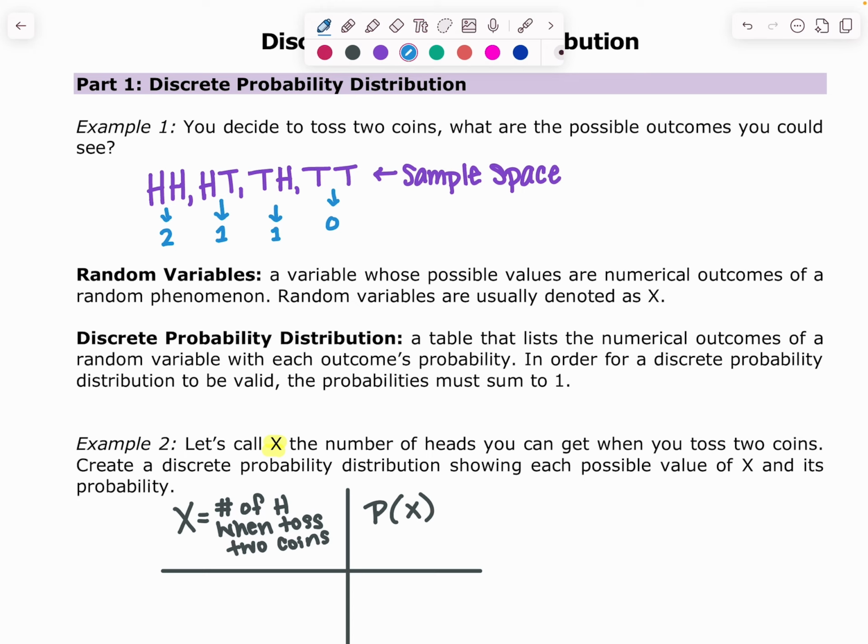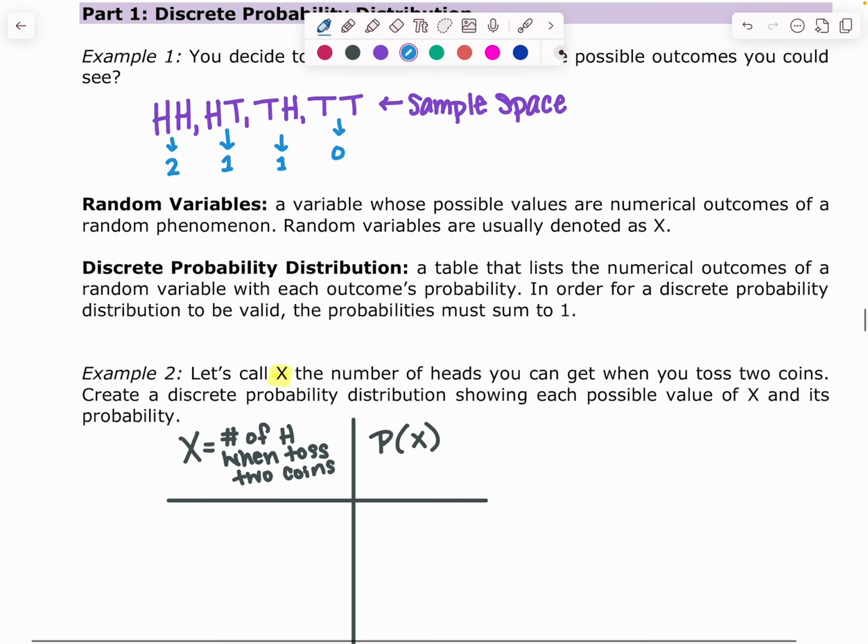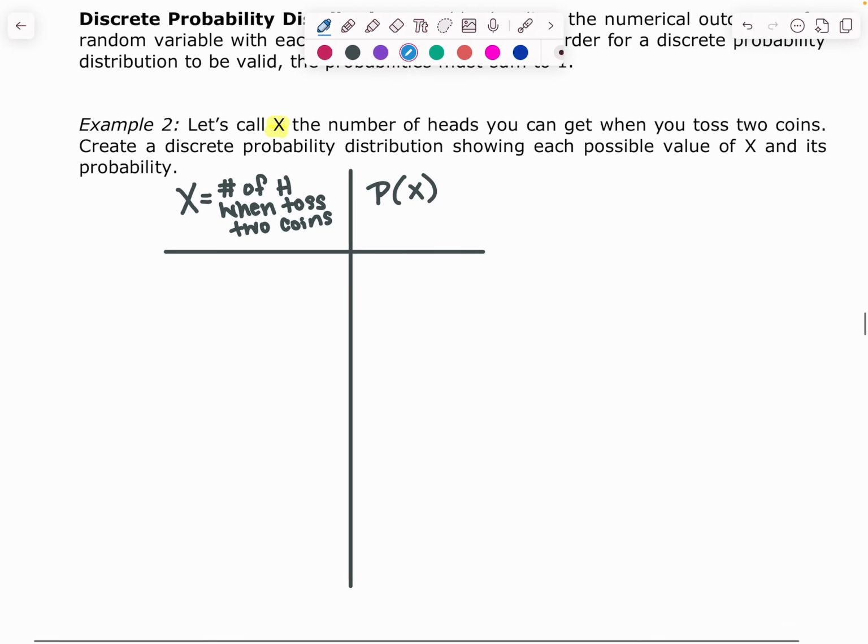So my possible outcomes, the numerical outcomes for the number of heads are 0, 1, and 2. I could get 0 heads, I could get 1 head, or I could get 2 heads. So that's what I'm going to list under X. I could have 0 heads, that's where I got 2 tails. I could get 1 head, or I could get 2 heads.